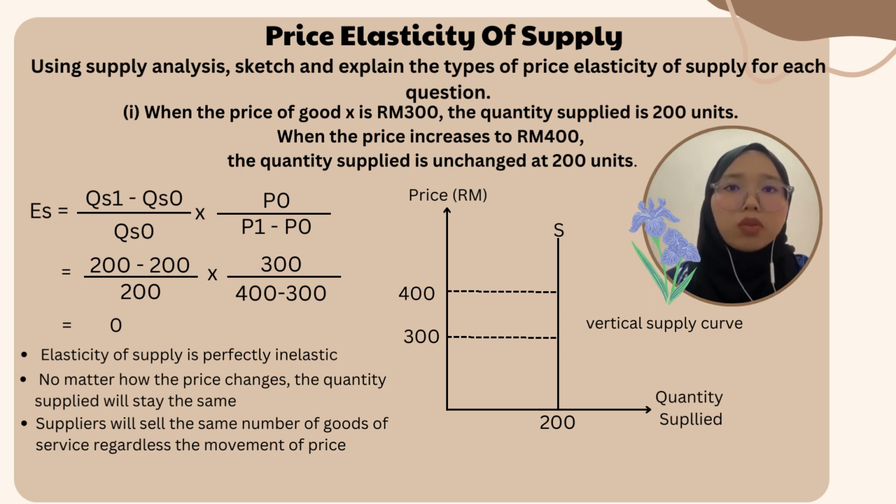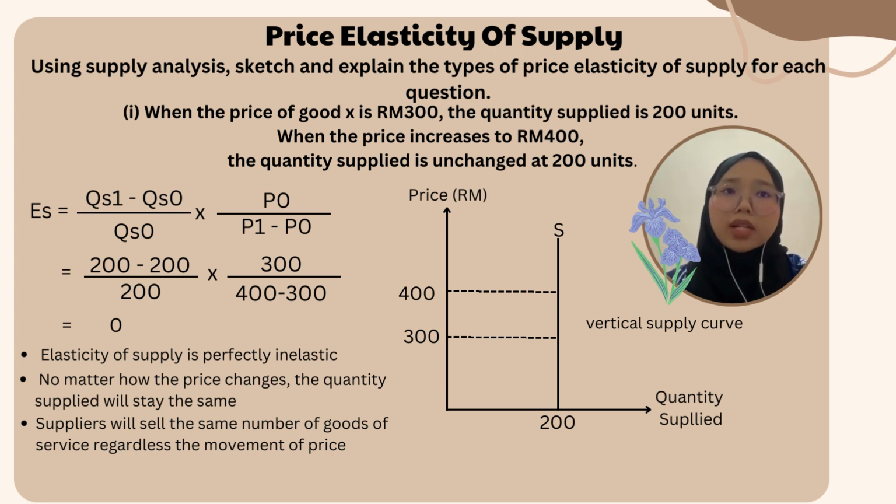So first we need to find quantity supplied 1, quantity supplied 0, price 0 and price 1. Quantity supplied 1 and quantity supplied 0 are 200, price 0 is 300 and price 1 is 400. So 200 minus 200 divided by 200, multiplied by 300 divided by 400 minus 300. So the answer we will get is 0.